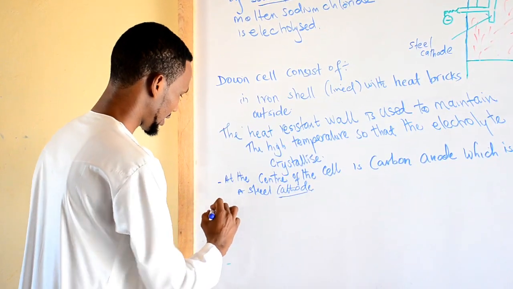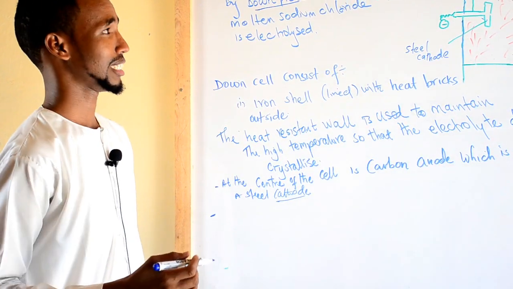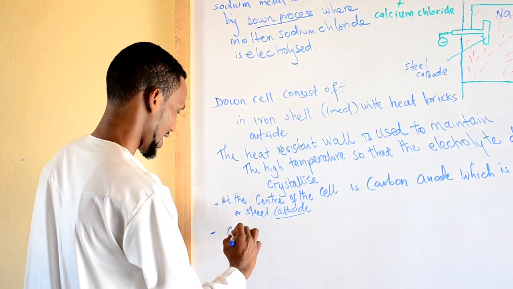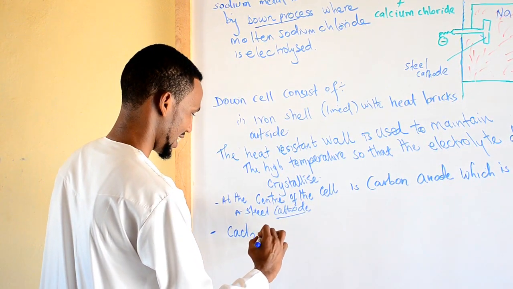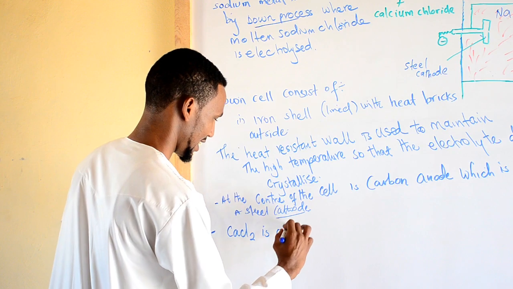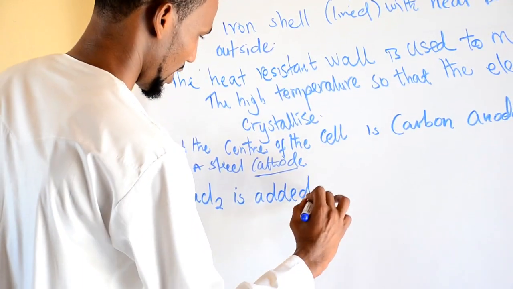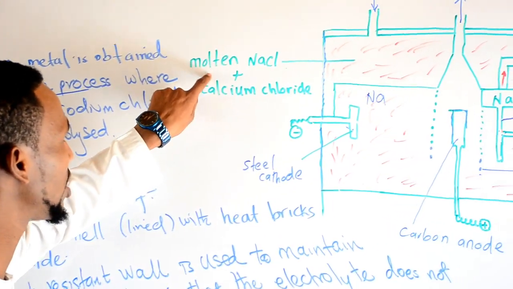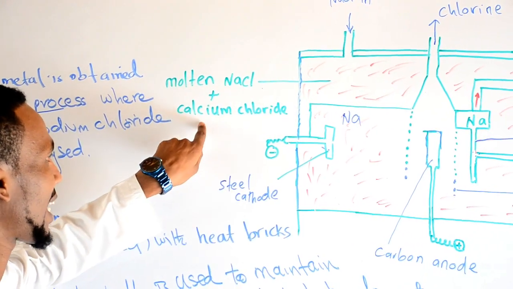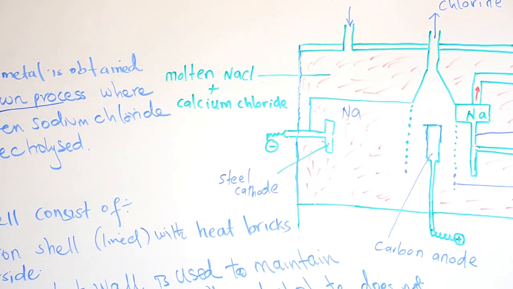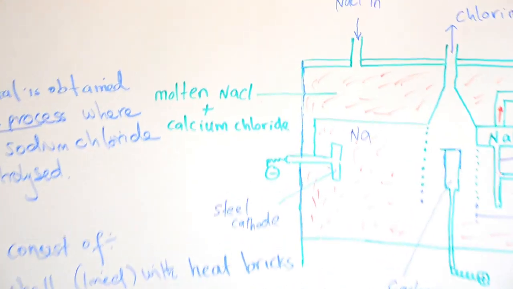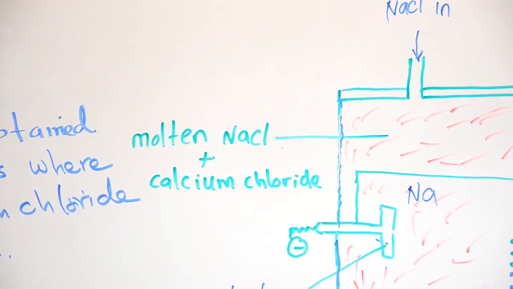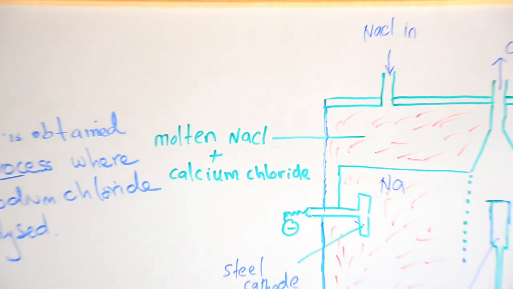In this process, before you start the extraction, normally calcium chloride is added. Yes, you can see here we have written molten sodium chloride plus calcium chloride. Why is calcium chloride added to the sodium chloride?